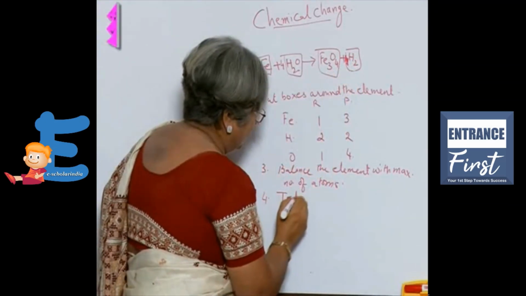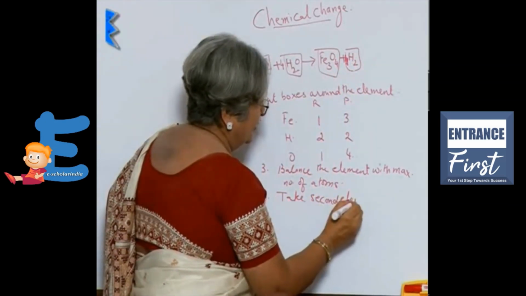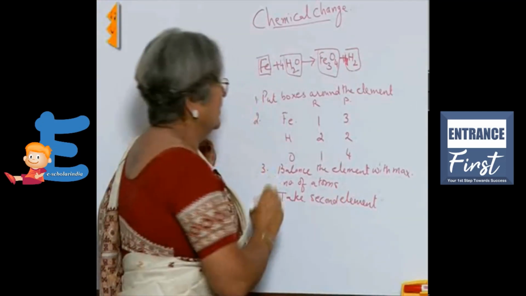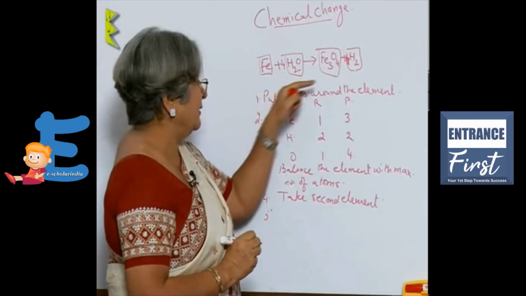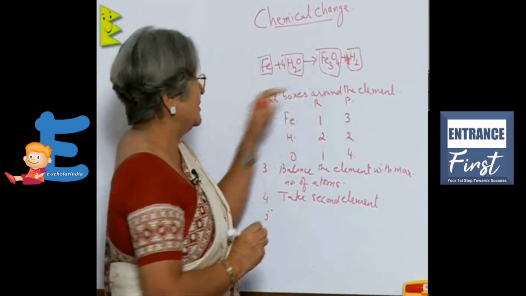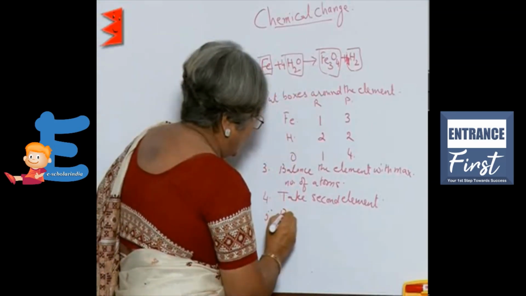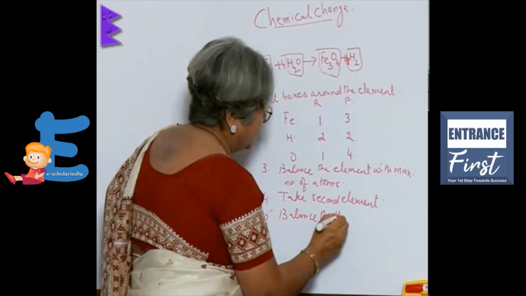Take the second element. Next is the third element. Now we come back to iron. Here there are 3 atoms and here we will take 3. Balance the third element.